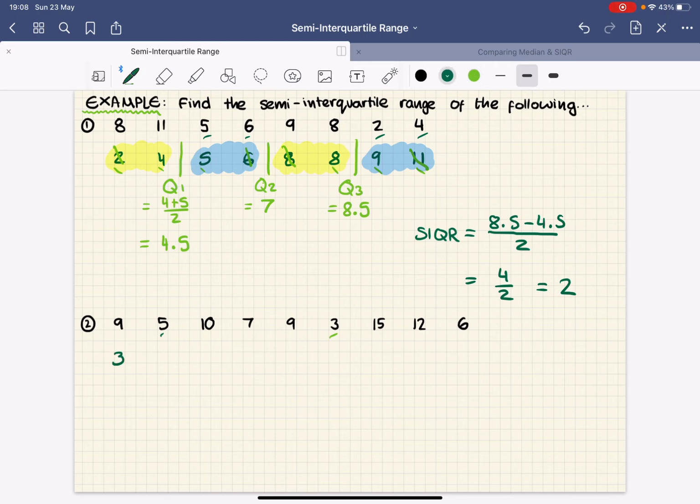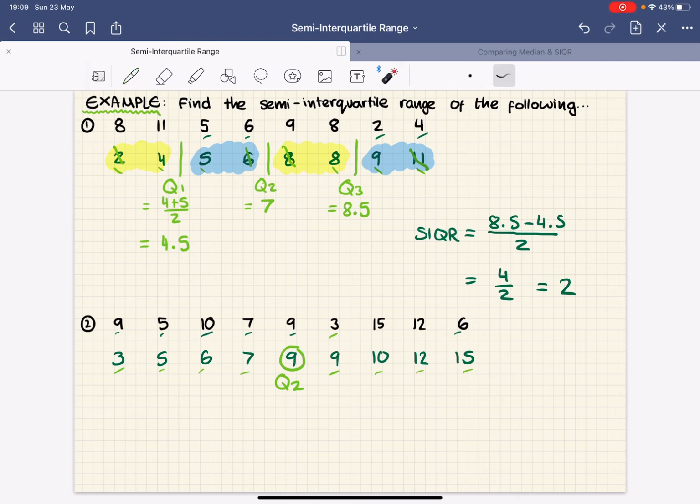Then I've got this 5 and 6, 7, 2 sets of 9s, the 10, and then the 12 and the 15. So finding out first my median, front, back, front, back, front, back, front, back, and I'm left with 9 as my median, so that's my median there.